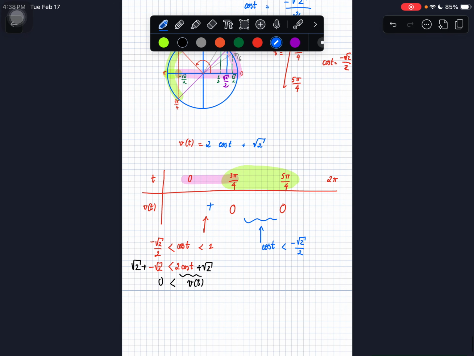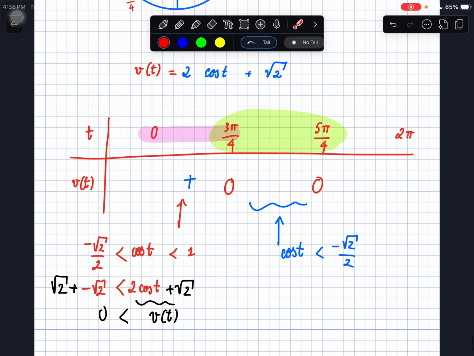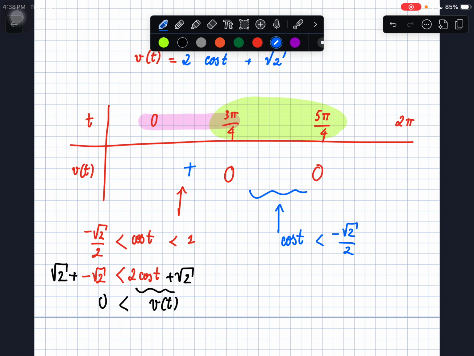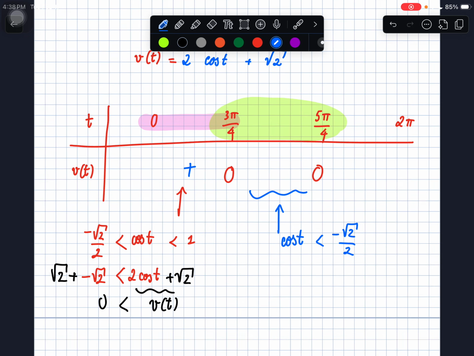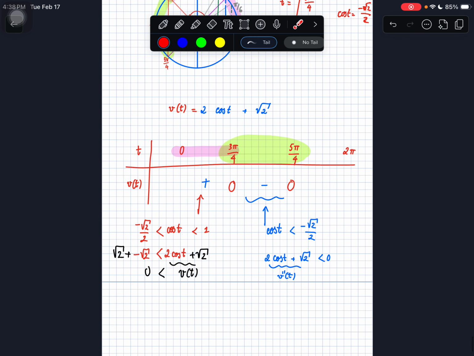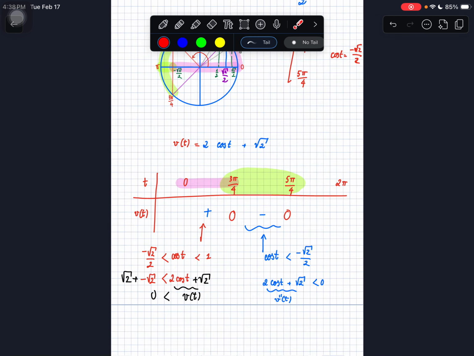And therefore, 2 times cosine t plus root 2 is negative. This is the velocity v(t), negative here.